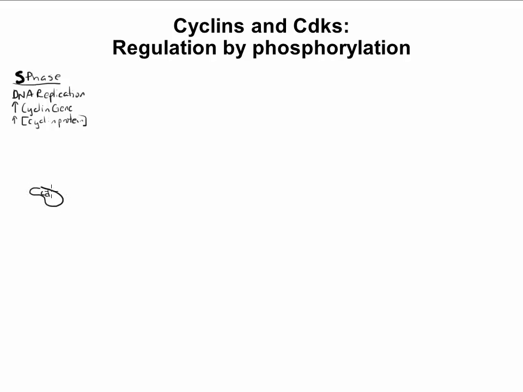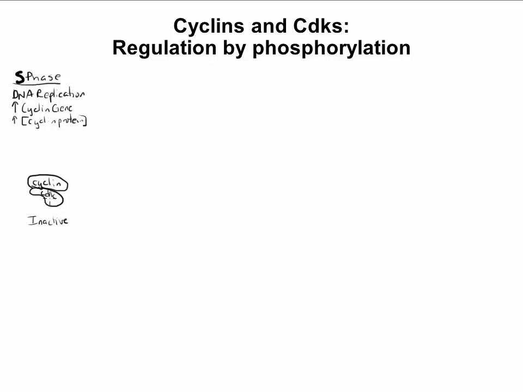Now, in the context of what else is going on in the cell, CDK is already there. Right? Cyclin-dependent kinase is already there in the cell. It's hanging out, but as we know, it's inactive because it requires both the presence of a cyclin protein and a correct phosphorylation pattern in order to be activated. So what happens when cyclin protein begins to build up in the cell? Well, now we see a concentration of cyclin CDK starting to form.